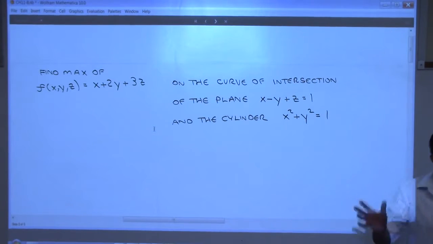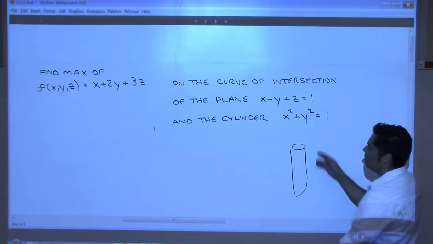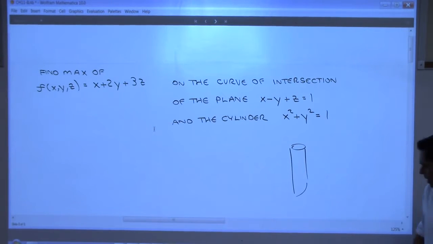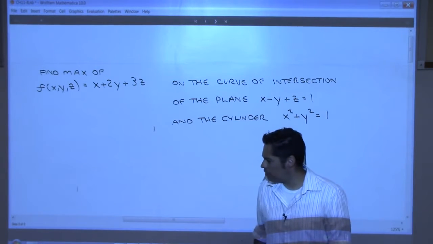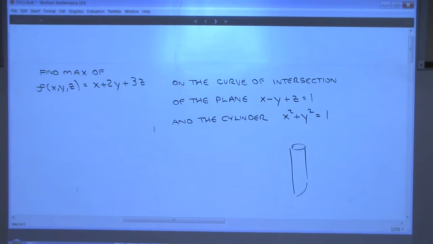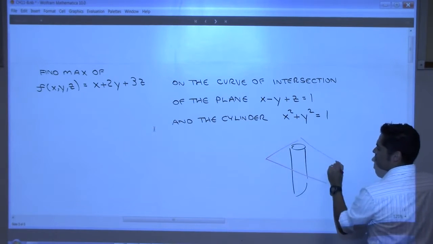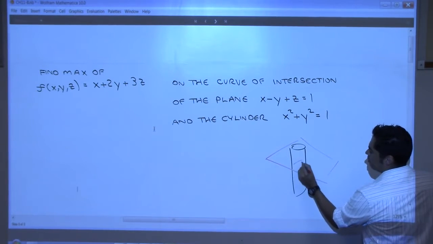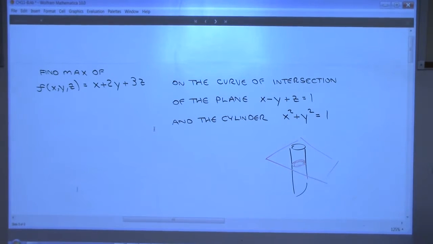Okay, so geometrically, what we have is a cylinder, and we have a plane. We're assuming that this plane comes through and cuts through this cylinder, right?